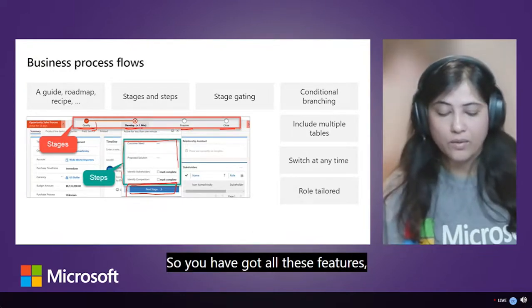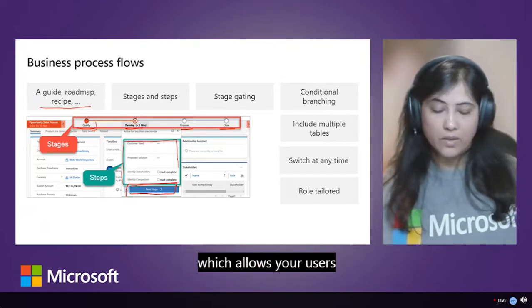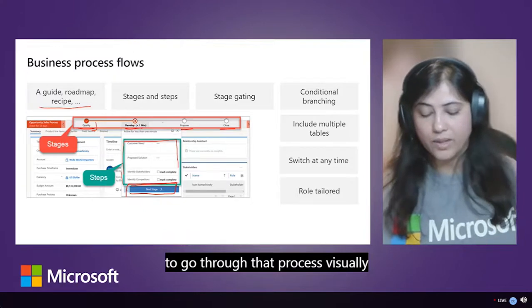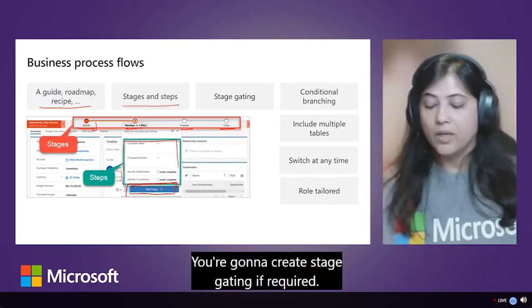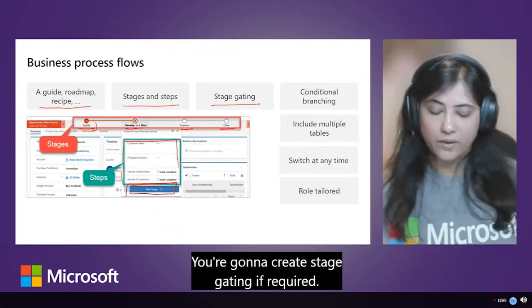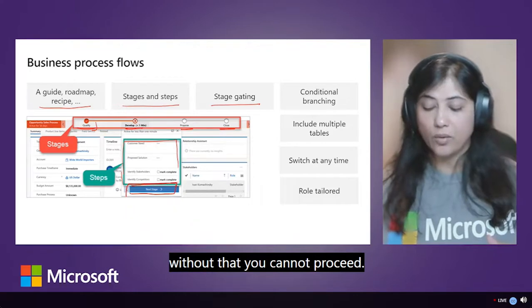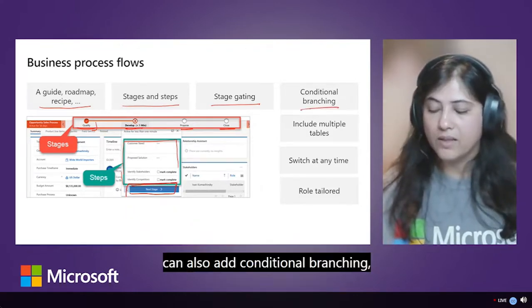So you have all these features. This gives you a guide, a roadmap, which allows your users to go through that process visually. You have these stages and steps that you are going to add. You're going to create stage gating if required, if you want to make certain things required without which you cannot proceed. You can also add conditional branching.